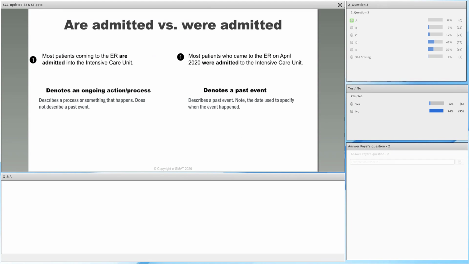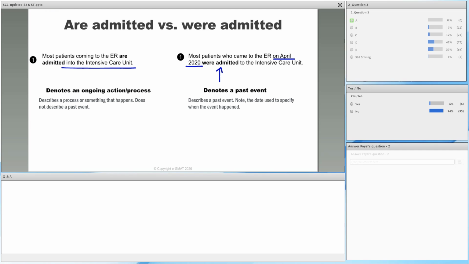Now let's take a look at a few examples over here. Most patients coming to the ER are admitted into the intensive care unit. When we say "are admitted," we are talking about the current situation. But if we were to add this particular phrase in this sentence saying "in April 2020," a time period which has already gone by, for that action, we cannot use "are admitted."